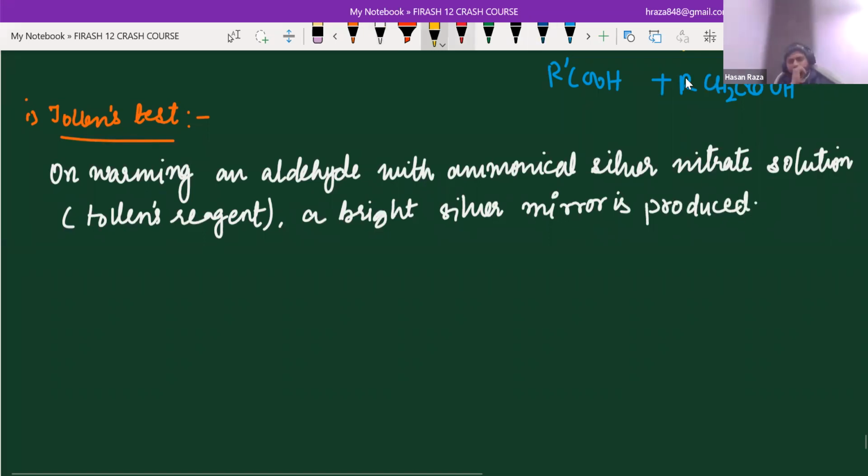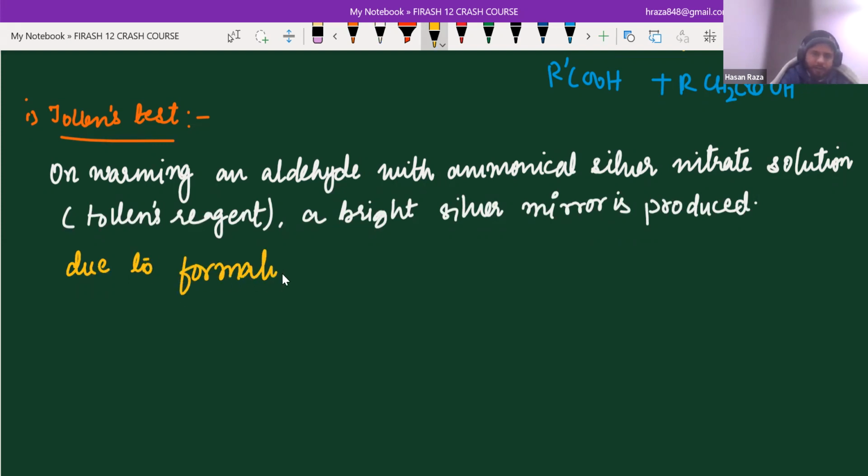Now see what happens. Bright silver mirror is produced due to formation of silver metal. Here silver reduces itself, that means it is an oxidizing agent. That means it oxidizes the aldehyde into carboxylate anion, silver metal.